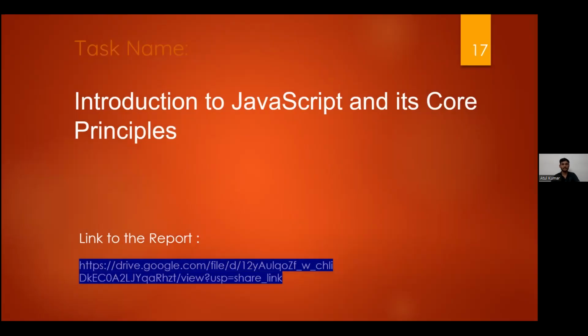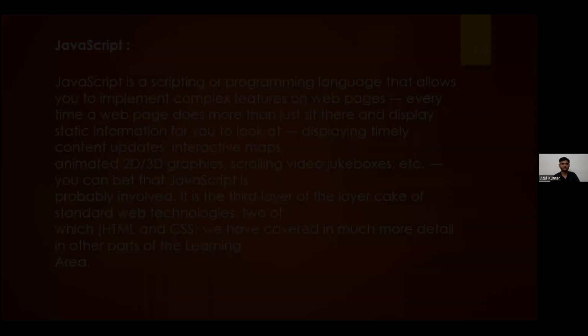After that, my next task was to learn the basics of JavaScript and its core principles. Then, with the knowledge I had gained, I had to create a report on the things I learned.